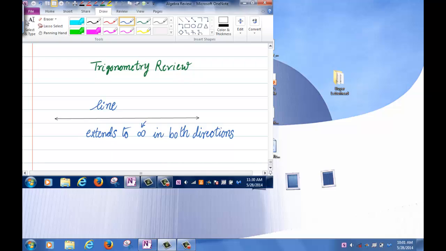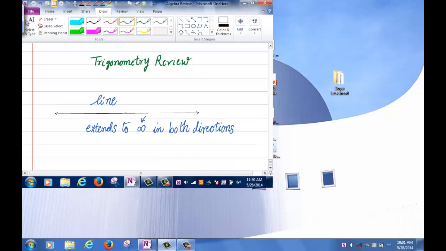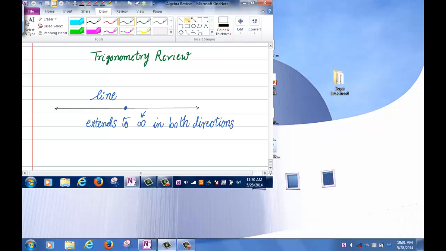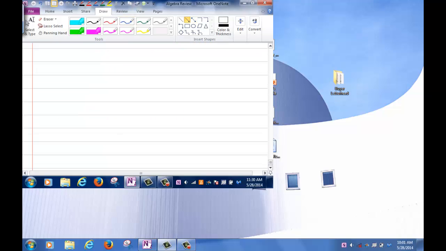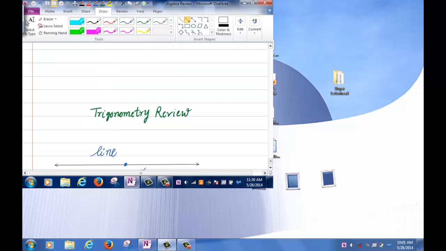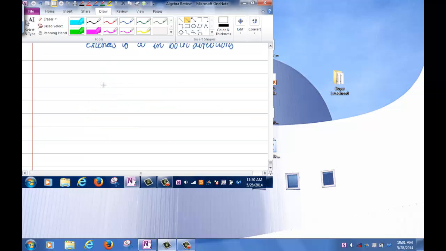Now, if I pick a point on the line and I delete half of the line, like the left side or the right side, then I get a ray, okay? So what is a ray? So a ray is like this.